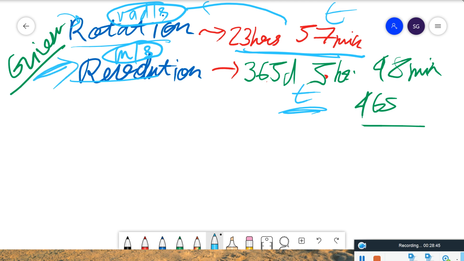Since both are happening, you feel that the Earth is revolving as well as rotating, so it is following a slightly elliptical path. We will study that later in Kepler's laws, you will study more about it. Let us not go deep into it. So 57 minutes, now let us calculate.